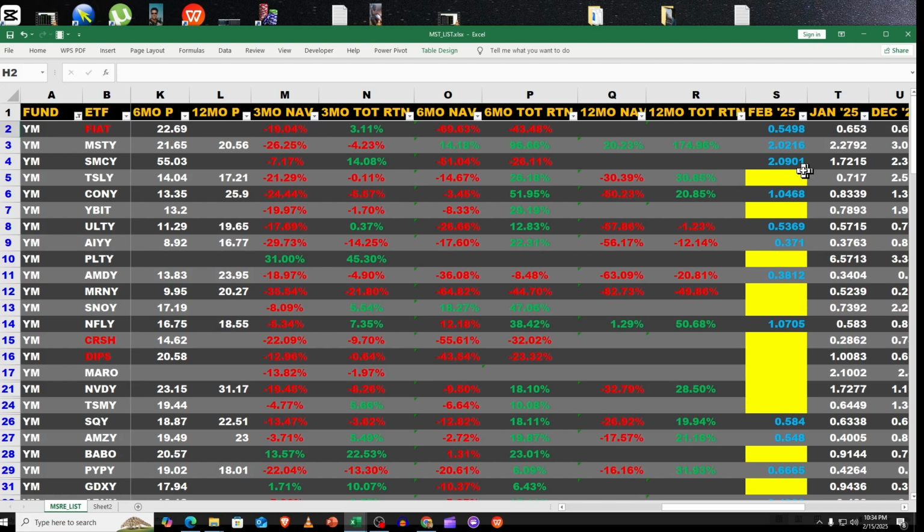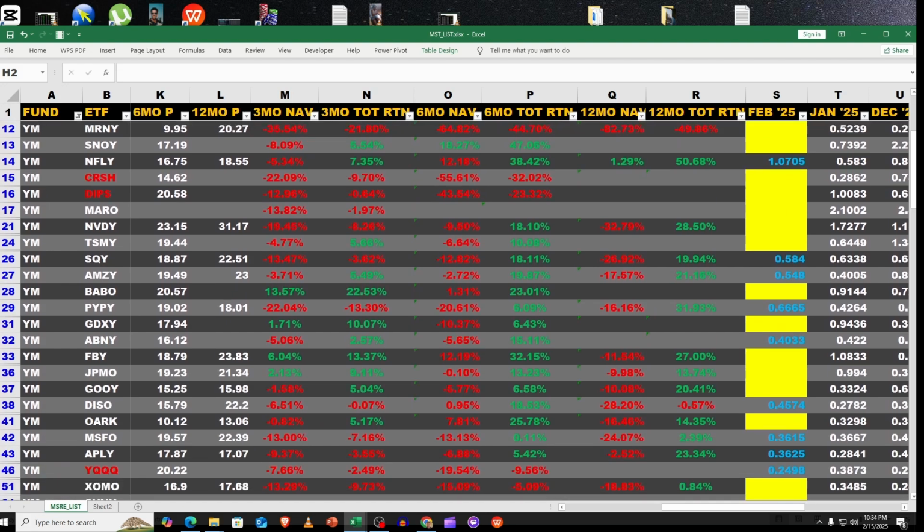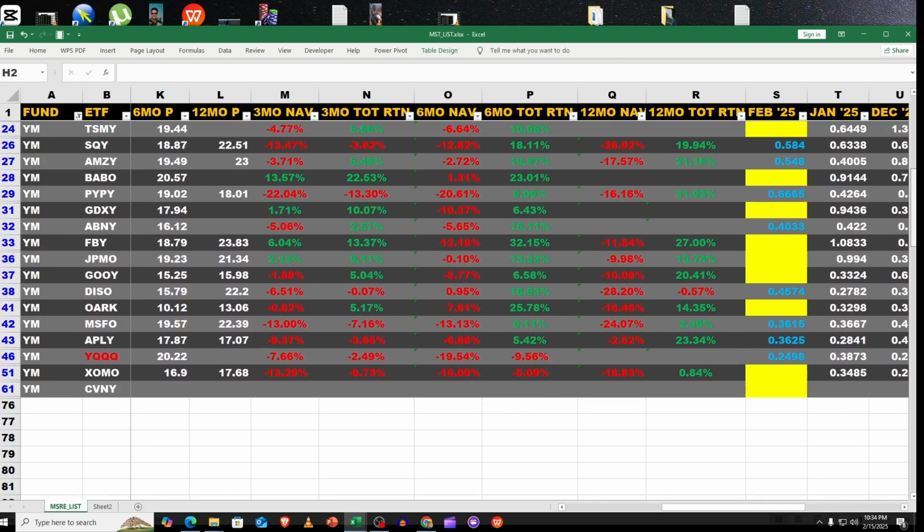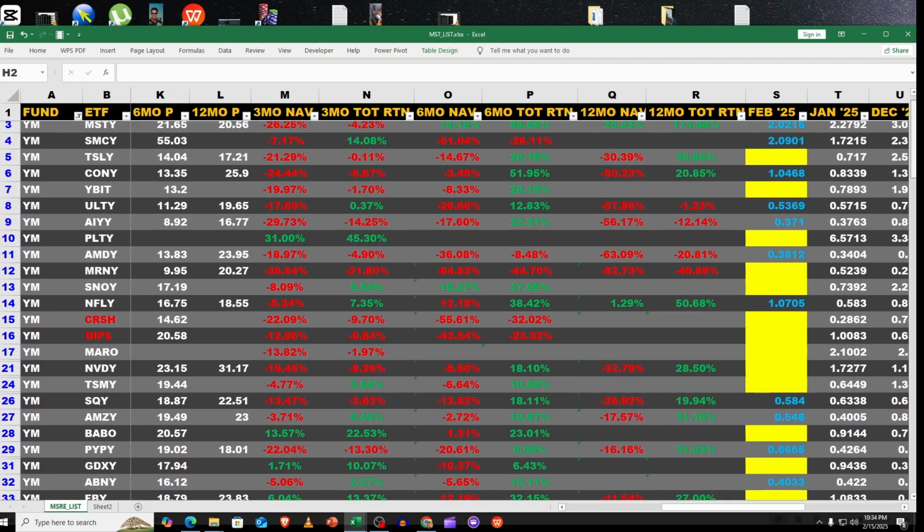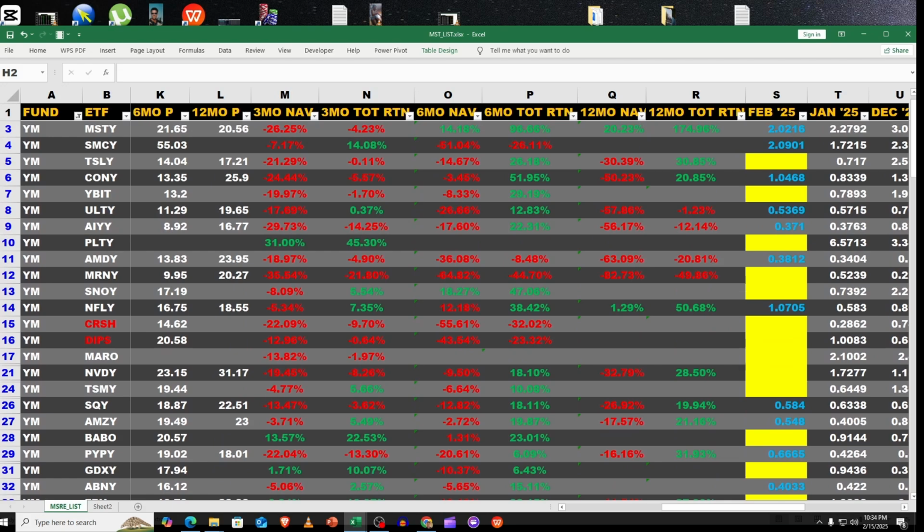Well, when you have a yellow box, it means we're waiting for more. If it's a yellow box with blue in it, it's a weekly payer, meaning it's paid some of the money, 2 of the 4 weeks, right? So some funds are monthly, but they go across the week. Some are pure weekly.